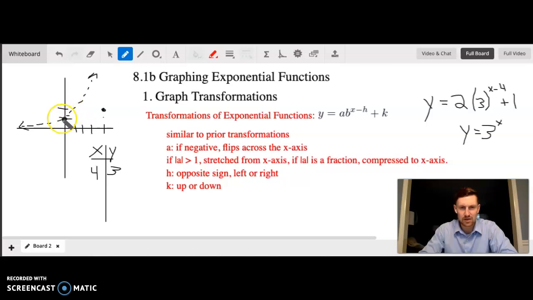Now let's see here. Why did I have it at 2? Oh, because it's stretched. That's why. So I was graphing this point with 4, 1, but the stretch impacts it as well. So let's move this point up to 4, 3. Okay, 4, 3. So that's our main turning point. And the reason that's a little higher is because it's stretched. Okay, essentially it's doubled from where it was normally.